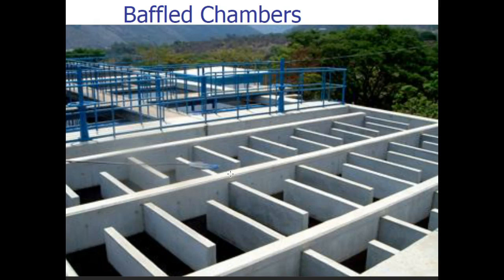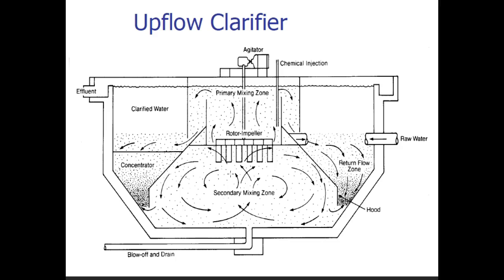Baffled chambers. We can put the water through baffled chambers, which will do the same thing. An upflow clarifier. Well, what's going on here? Okay. We've got our water coming in, which is our raw water. And the water comes in, and there's a chemical injection going on. It comes down, and it mixes in here, and then it goes up, and it spills over the weir into the clarified water.